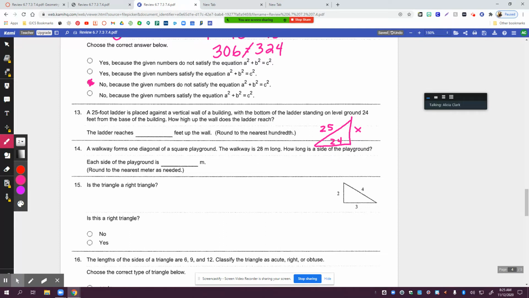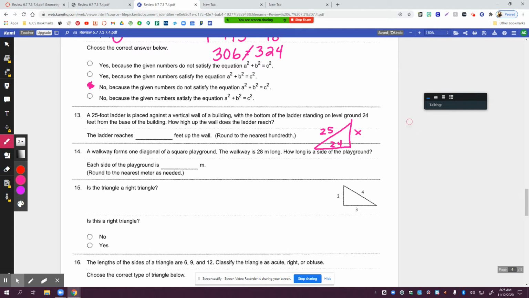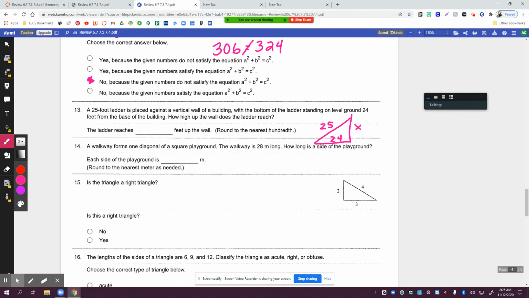Ran out of room here. Let me redraw this real quick. There we go. So trying to figure out what x is, which means that's one of the legs of the triangle.